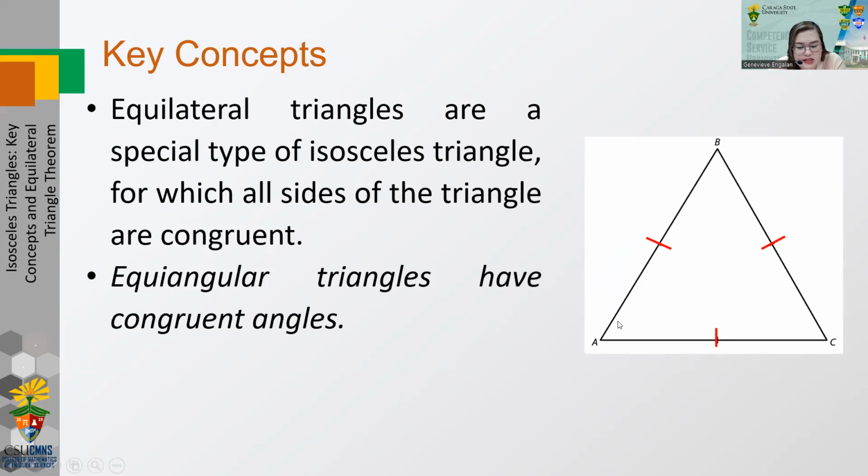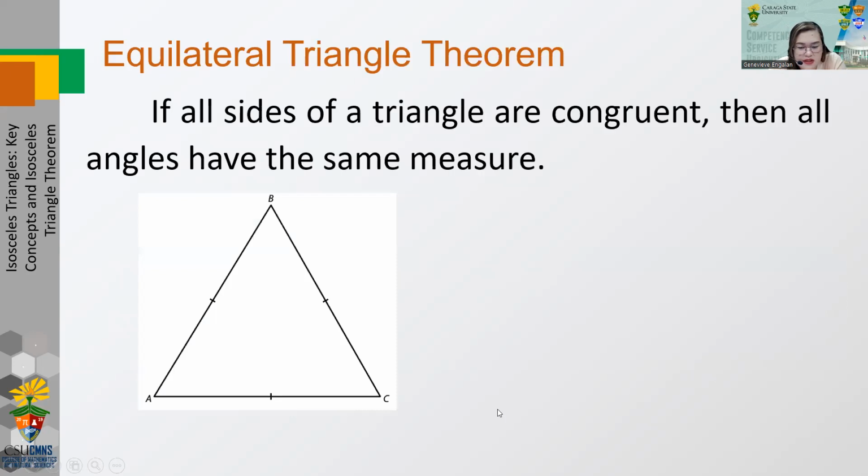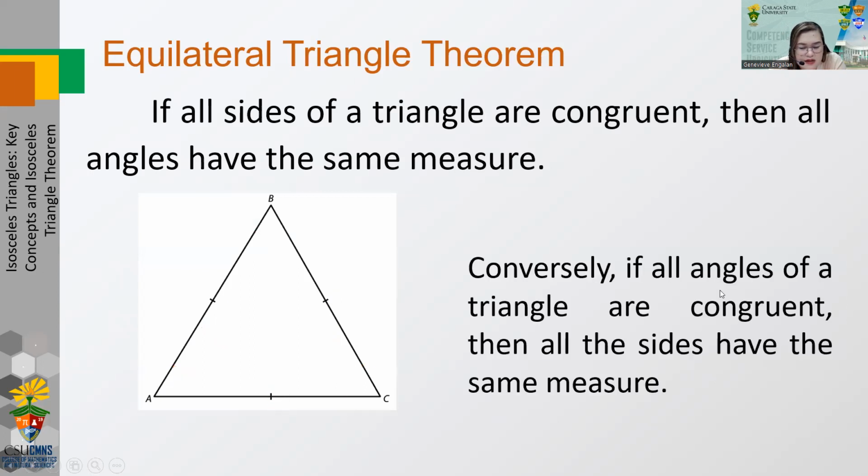So, this is 60 ang angles each. Okay, if all sides of a triangle are congruent, then all angles have the same measure. So, ito na siyang i-prove. So, ang tanan daw sides are equal, no? So conversely, if all angles of the triangle are congruent, then all the sides have the same measure.